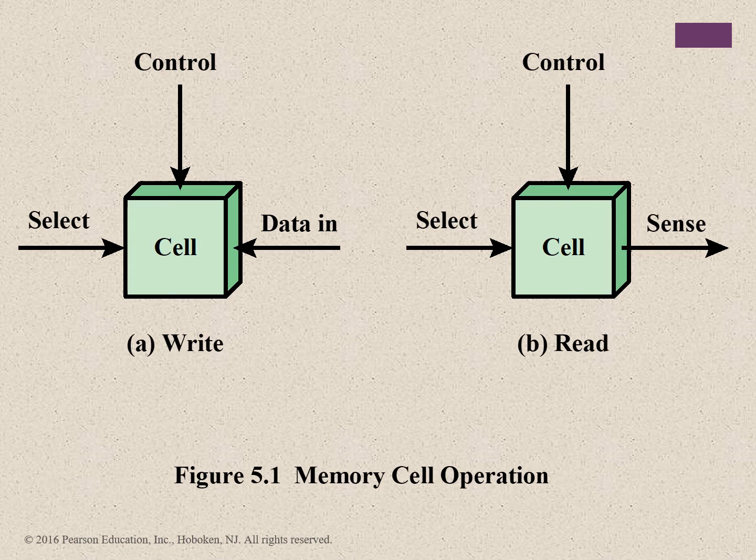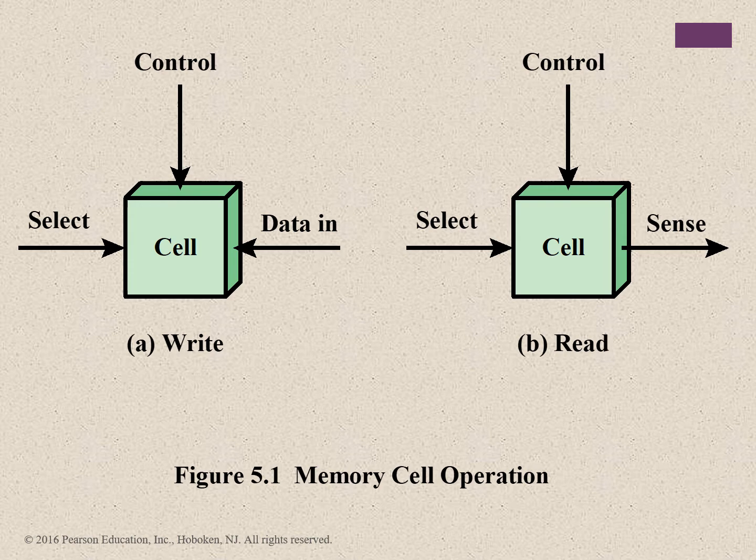So this is the diagram. It shows the operation of the memory cell. Most commonly, the cell has three functional terminals capable of carrying electrical signals. So what type of signals do they carry? You see in the diagram.